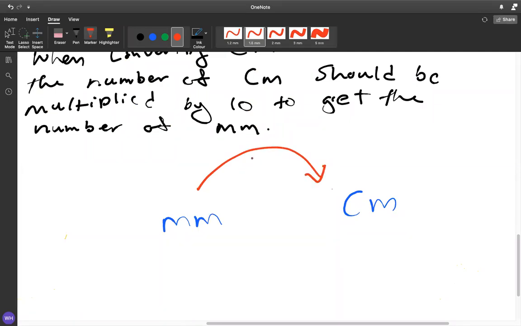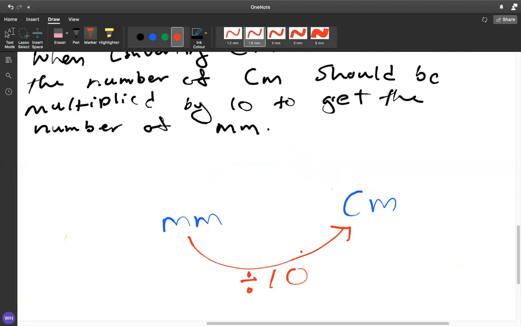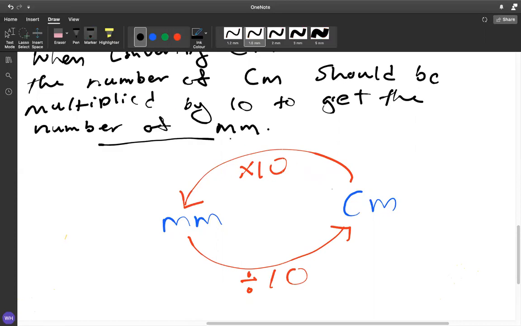We divided the number of millimeters by 10. When converting centimeters into millimeters, we multiplied the number of centimeters by 10. Very good. Write this and draw a box around it so you will not forget, below what you wrote.